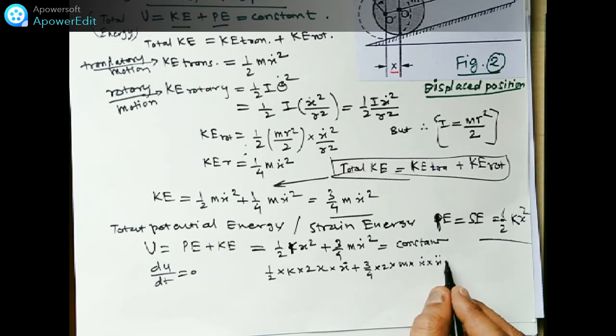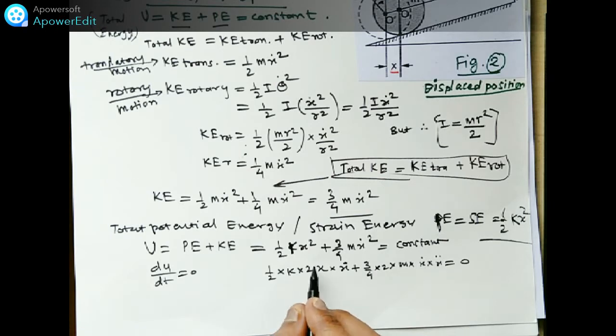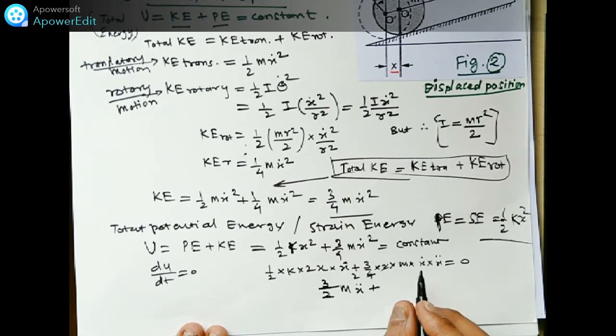I am differentiating this equation. The x dot will get cancelled, and the 2 and 4 can cancel. Remaining is 3 by 2 m x double dot plus K x is equal to 0.